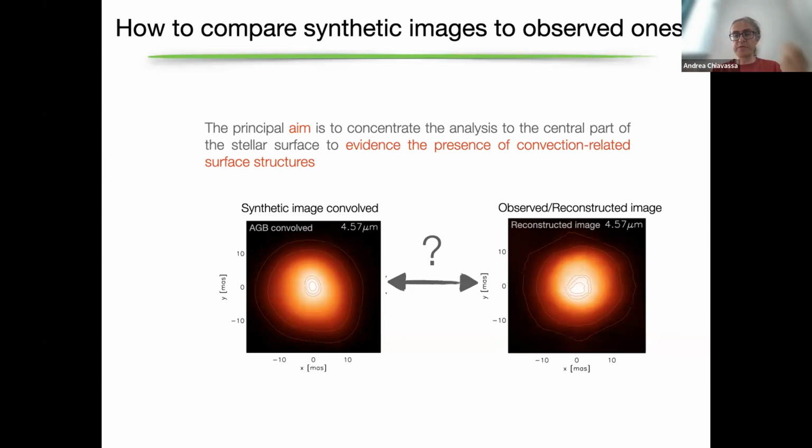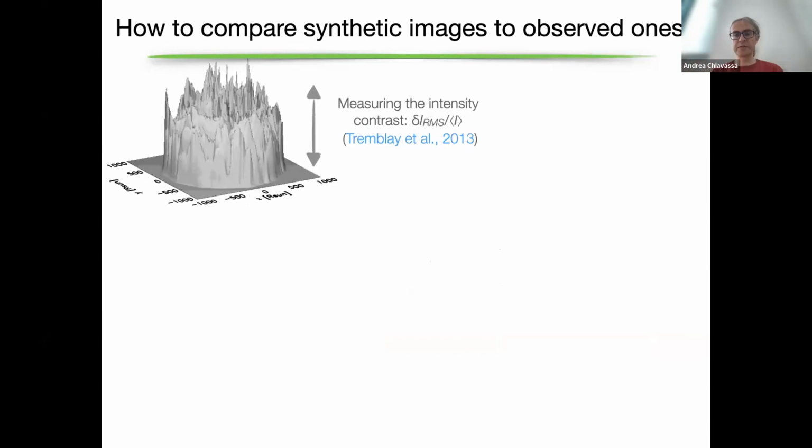And what we want to do is to put in evidence the presence of convective-related surface structures. So we do this in different ways, and all together, actually. First, we measure the intensity contrast using the law put forward by Trampedach in 2013 for the first time. So we measure the contrast between the different structures in the synthetic images and in the observations.